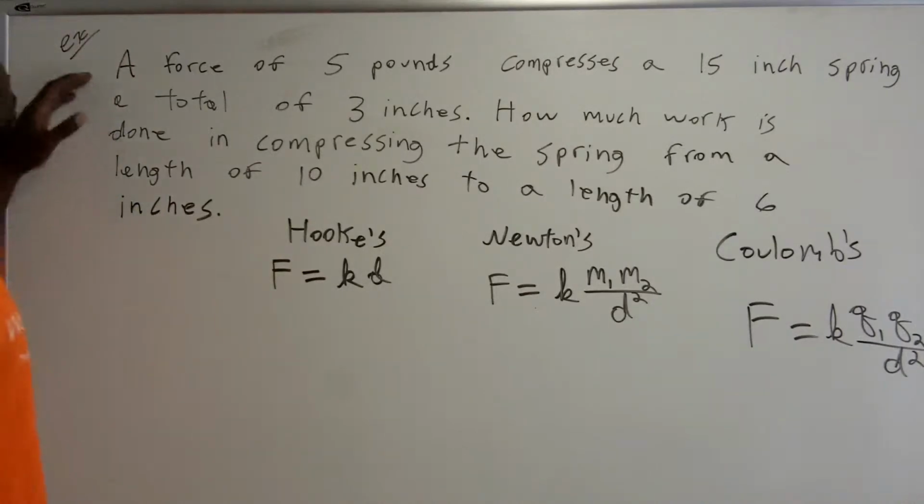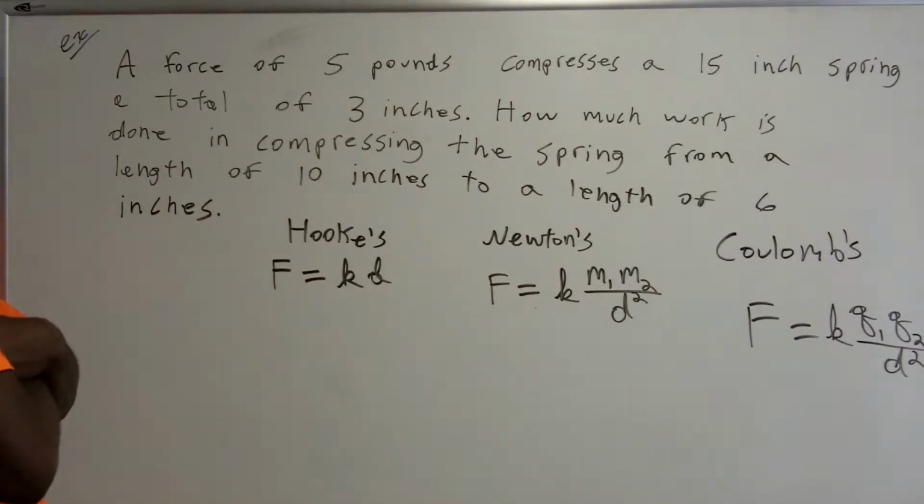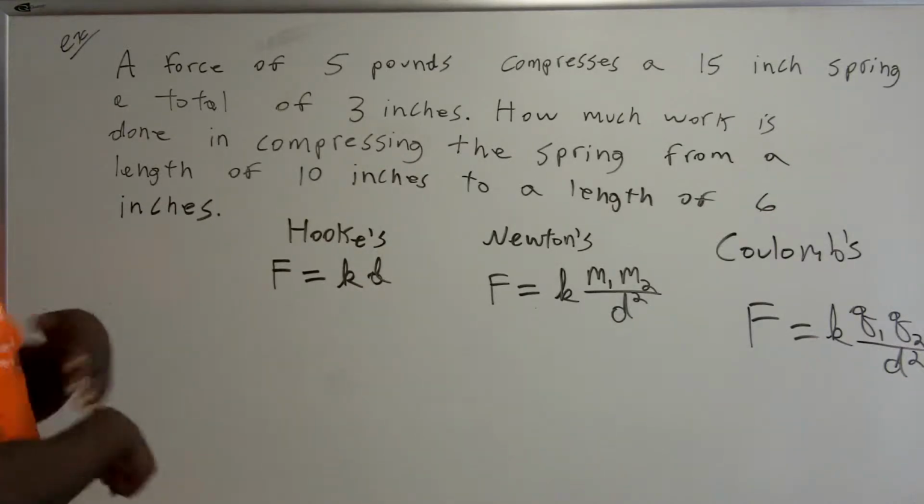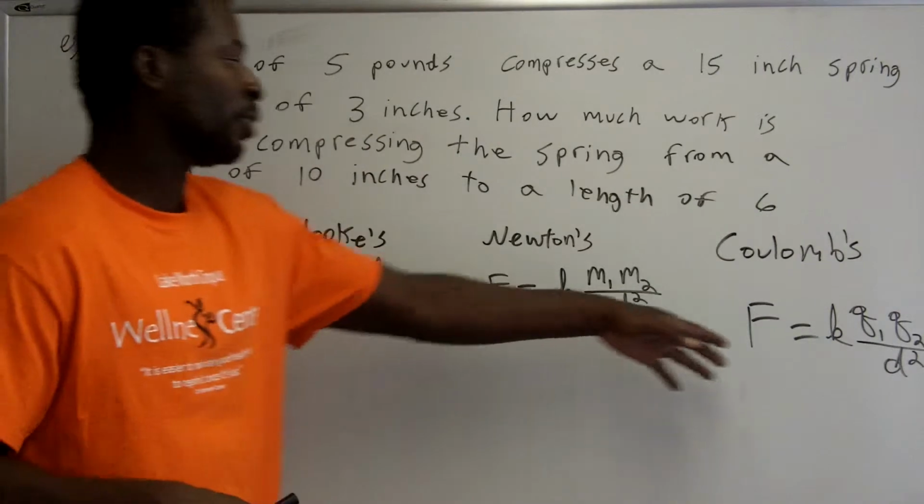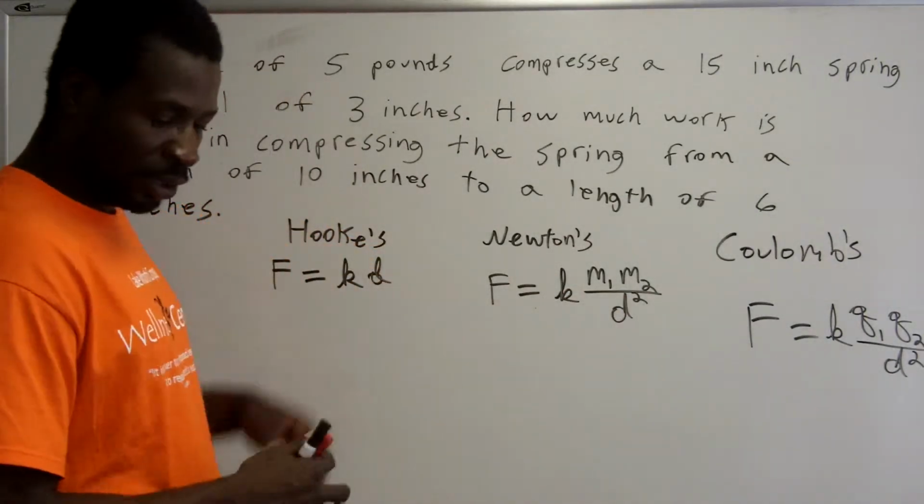Okay? So let's take a look at this problem. A force of 5 pounds compresses a 15-inch spring a total of 3 inches. How much work is done in compressing the spring from a length of 10 inches to a length of 6 inches? Well, in this case, we're not talking about weights or electricity. We're talking about springs.